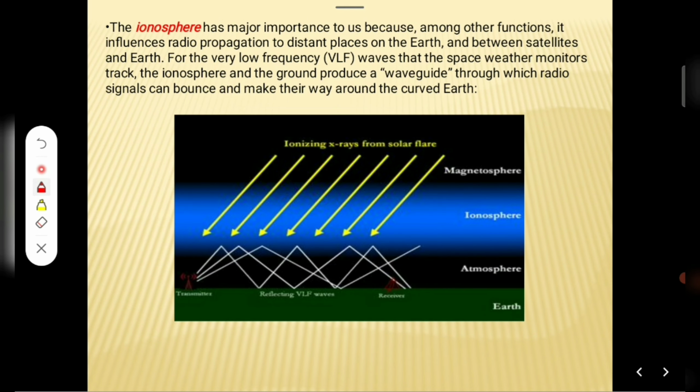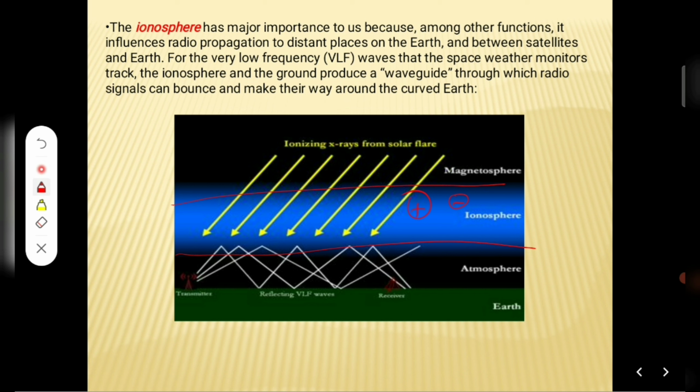Next, we will see the ionosphere, which I mentioned in the thermosphere. The ionosphere is a layer present in the thermosphere, which helps in communication. How does it help communication? The thermosphere has ions, positively charged and negatively charged ions, present in the ionosphere.